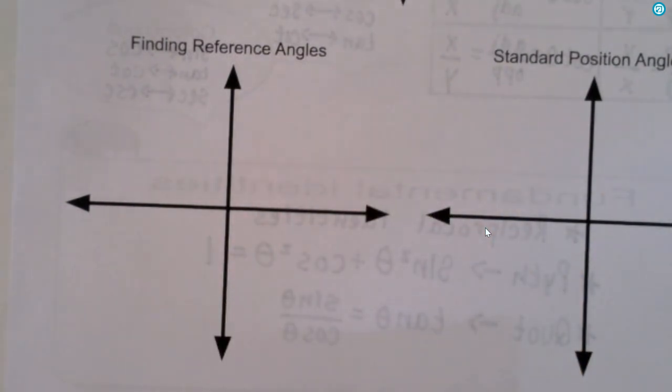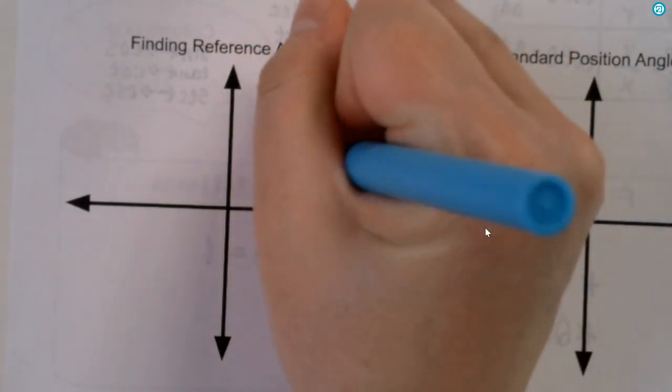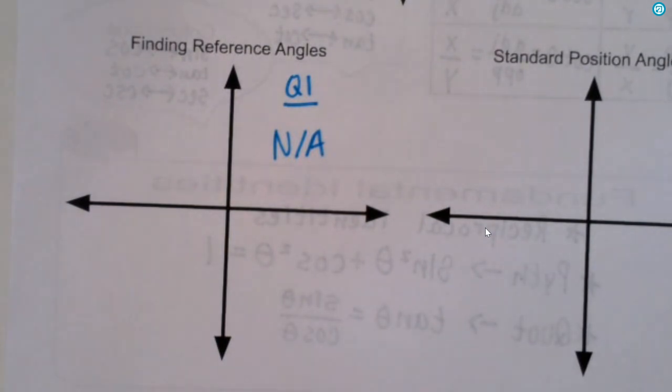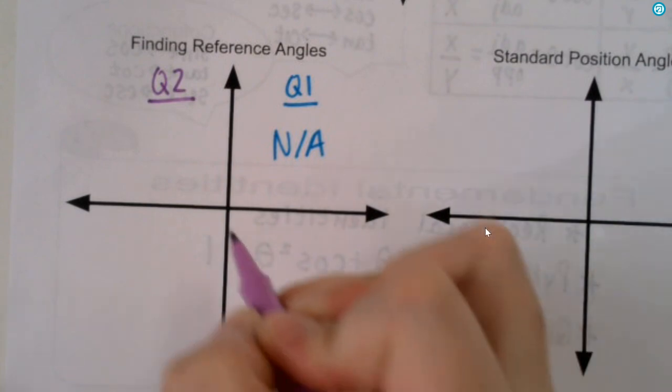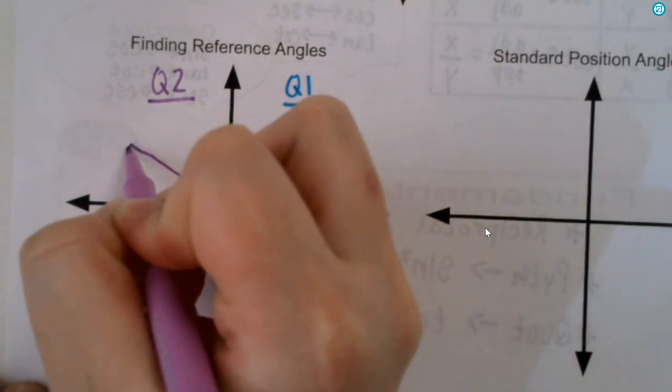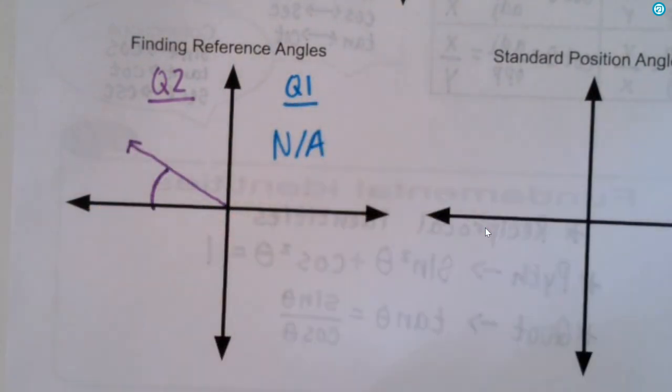For our reference angles, for quadrant 1, we do not need to find any reference angles, because if you're in quadrant 1, you're already between 0 and 90. If you are in quadrant 2, you're trying to find the angle from here up, that little guy right there.